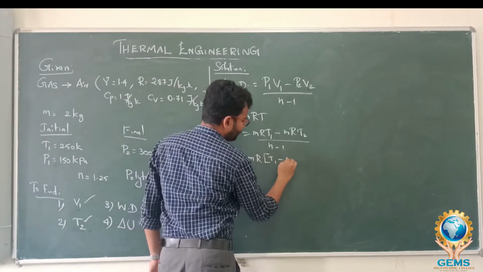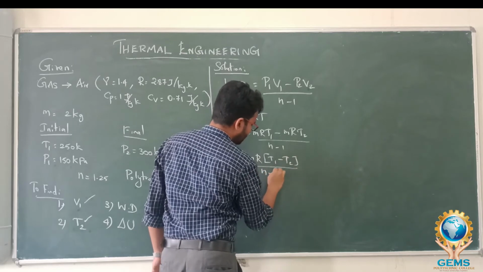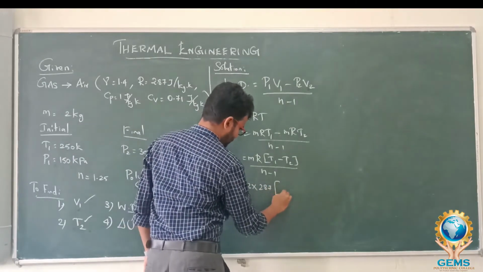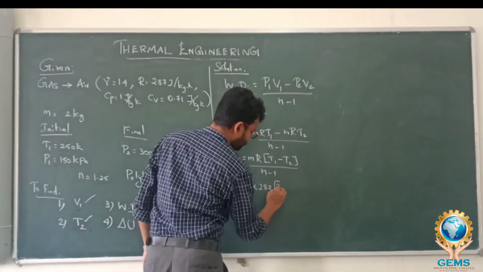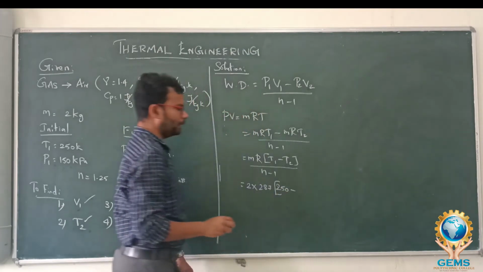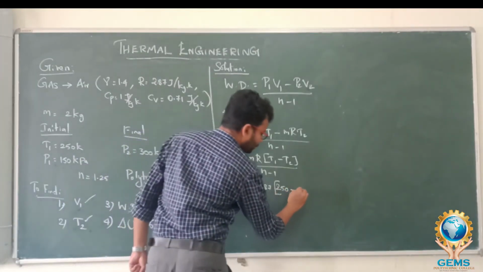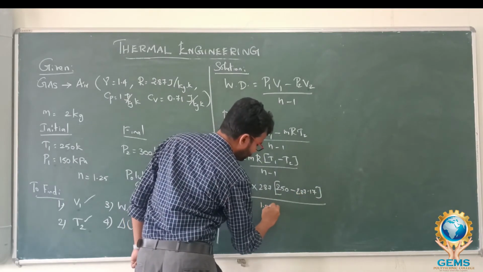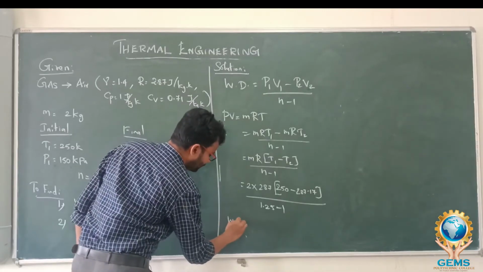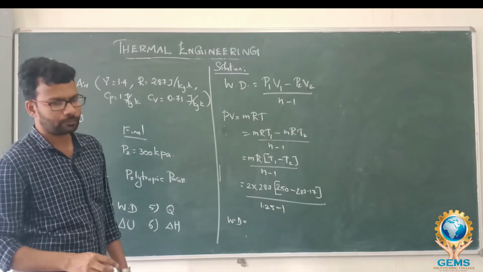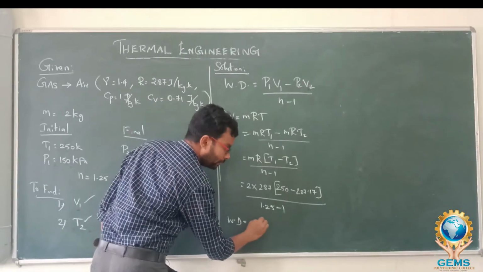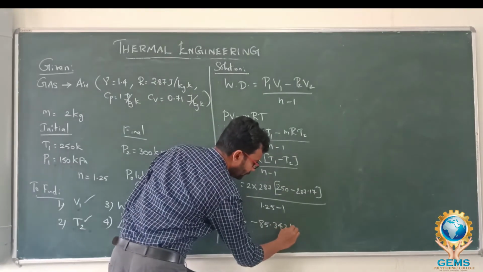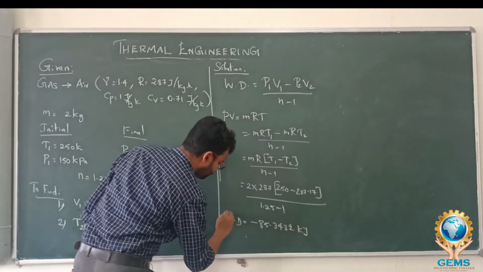Therefore, mR of T1 minus T2 divided by n minus 1. The value of m is 2 kg into 287, T1 is 250, T2 is 287.17, divided by 1.25 minus 1. The answer for work done is minus 85.3432 kilojoule.